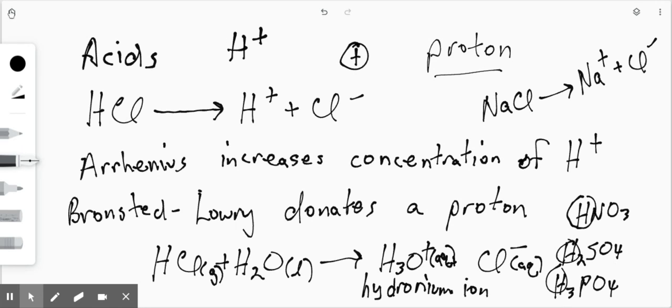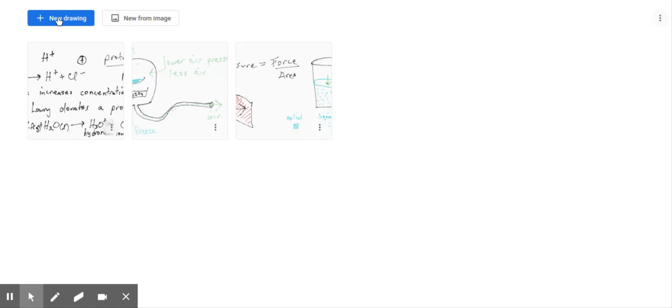That stuff doesn't matter. All right, so let's do a new drawing and let's talk about the hydronium ion and just take away the mystery of that. So if you have a proton and it meets a water molecule in some sort of chemical reaction, I should probably have done that as a double-sided arrow, but let's just move forward.